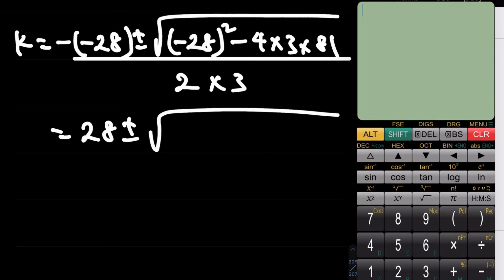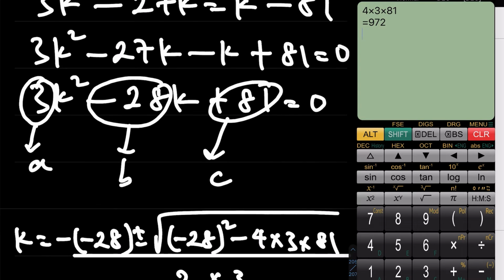What's minus 28 squared? The square of minus 28 is 784 minus 4 times 3 times 81. That's correct.